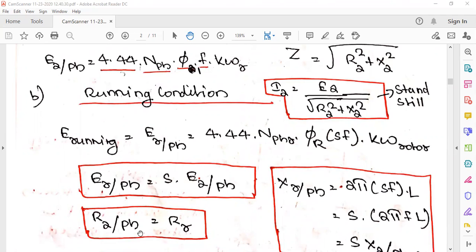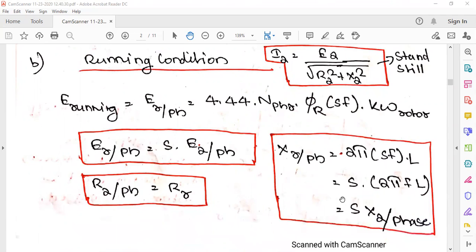Resistance is not dependent upon the frequency, so it will be R only. But reactance is dependent upon the frequency, 2 pi FL, so F becomes SF. You know that in the running condition, F dash is equal to SF only. So S into 2 pi FL, that is S into X2 per phase, is the reactance per phase.